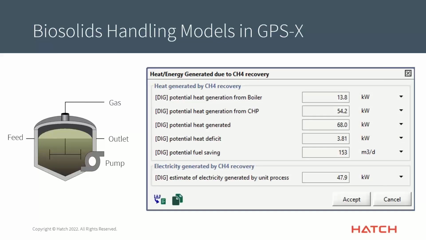Okay, so once all of that is done, and we've got the amount that's being generated, and we figured out how much biological activity is going on and so on, and we got that heat balance model, we can then figure out whether you have a heat deficit and that you require some extra heating to be able to run this, or whether you're actually generating extra heat. And then that way you can use that and capture it. And then also, this is one of the most important ones for what we're doing today, is being able to, what is the estimate of the electricity generated from that system?